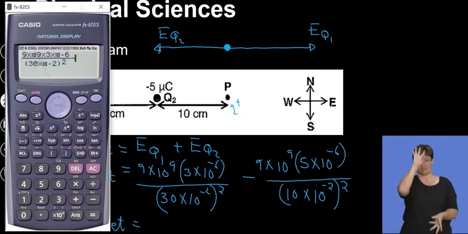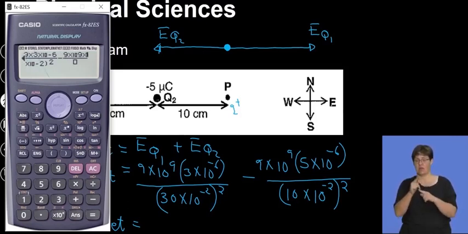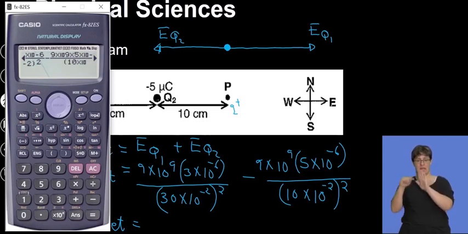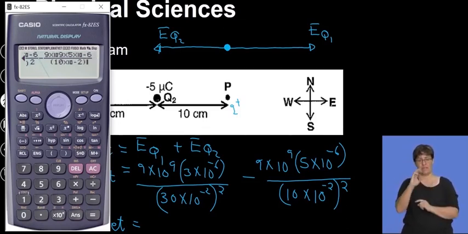Minus is to say E due to Q2 is in the opposite direction of E due to Q1. Remember, net takes into account the direction because these essentially are vectors, right? So 9 exponent 9, that's the K value, multiplied by the 5 times 10 exponent negative 6, okay? We divide that by the distance, which is 10 multiplied by 10 exponent negative 2, okay? We're converting from centimeters to meters.